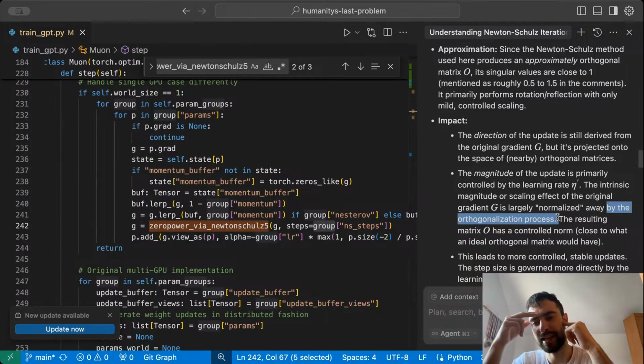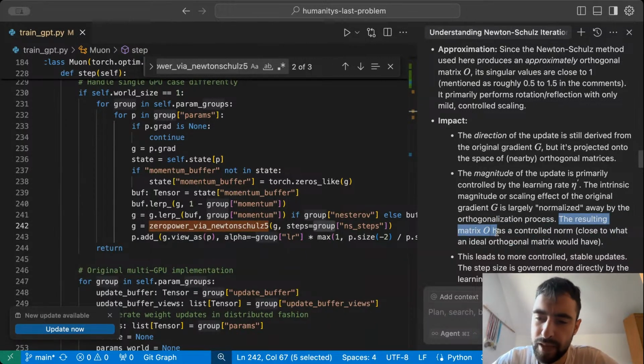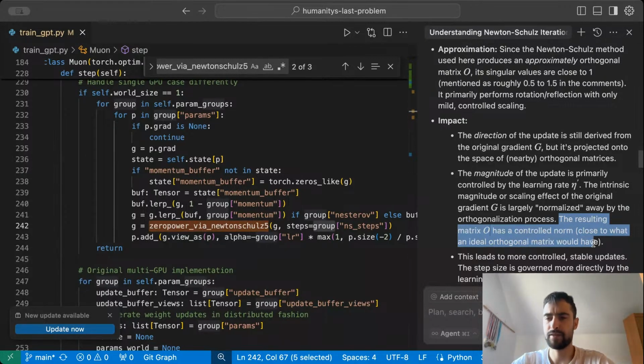So now it's saying you want to reduce the step on a steeper slope. I don't know. The resulting matrix O has a controlled norm close to what an ideal orthogonal matrix will have. The resulting, what does it say?